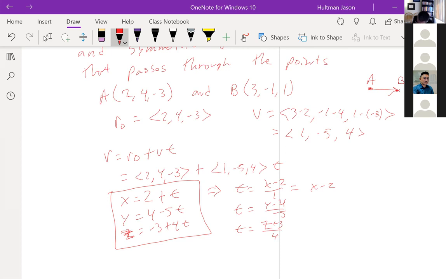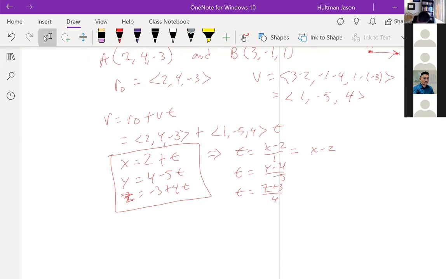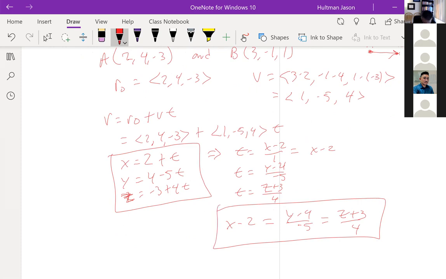Now I'm going to set all these equal to each other. x minus 2 is equal to y minus 4 over negative 5, which is equal to z plus 3 over 4. That's good.